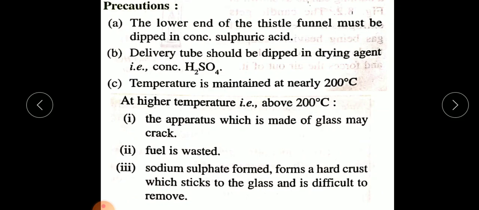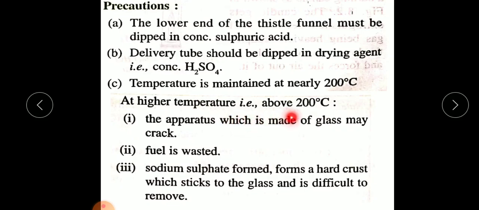What precautions do you need to take? In the laboratory preparation of hydrogen chloride gas, number 1, the lower end of the thistle funnel must be dipped in concentrated sulfuric acid. Next, for purification or drying, the delivery tube should be dipped in a drying agent like concentrated sulfuric acid, and the temperature is maintained at nearly 200 degrees Celsius.